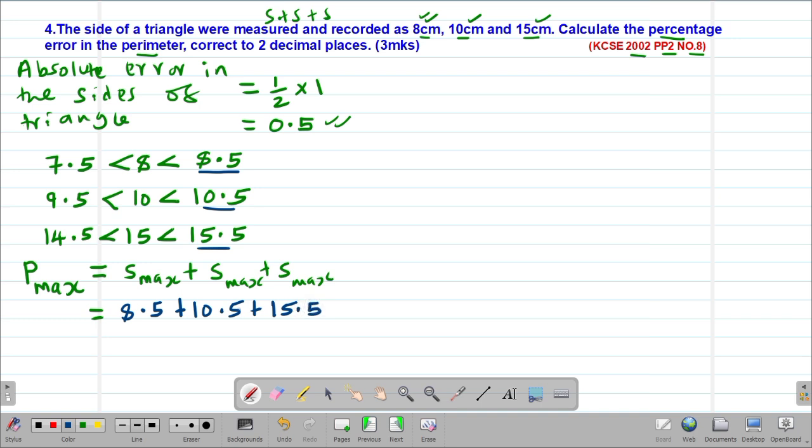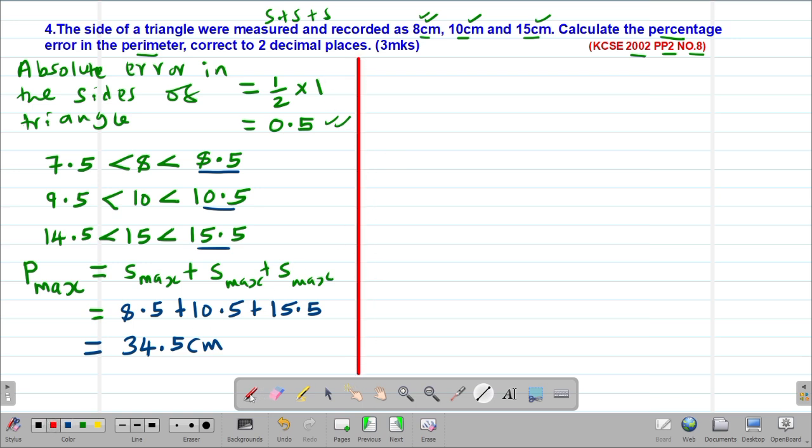I'm adding because the perimeter is usually the summation of the sides. So you feed this on your calculator, 8.5 plus 10.5 plus 15.5. This is going to give us a total of 34.5 centimeters. Therefore, this is the maximum possible perimeter for this triangle.